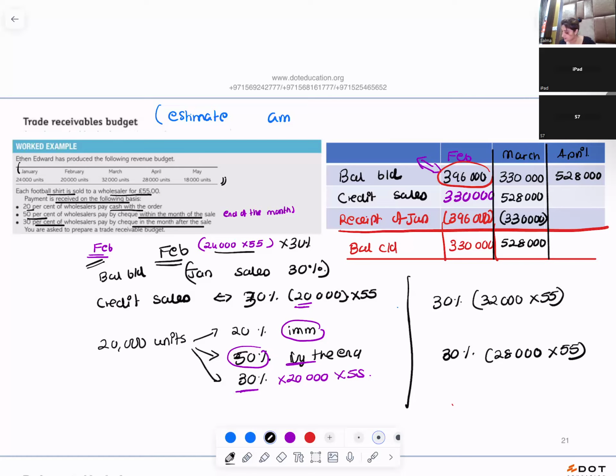Okay, so the marking scheme is wrong. Then you receive your 528, and your balance carried down would be 462 again.